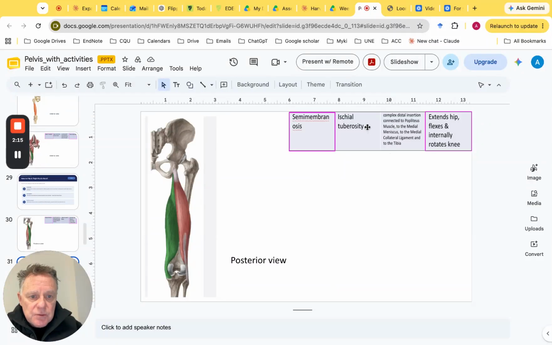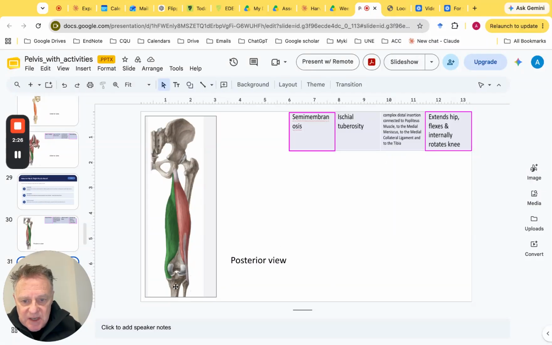It goes into a range of different structures, but just think about it going into the tibia. So this is fibula here, tibia here. It inserts into the tibia.